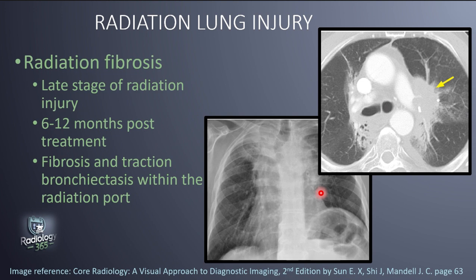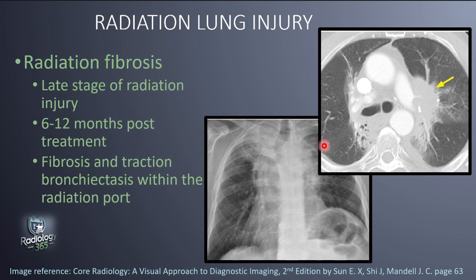Radiation fibrosis is the late stage of radiation injury, and the fibrosis becomes apparent approximately 6 to 12 months after the therapy. Now, the key imaging finding is the distribution of fibrosis and traction bronchiectasis within the radiation port. Although, again, fibrosis may extend outside the port in about 20% of cases.